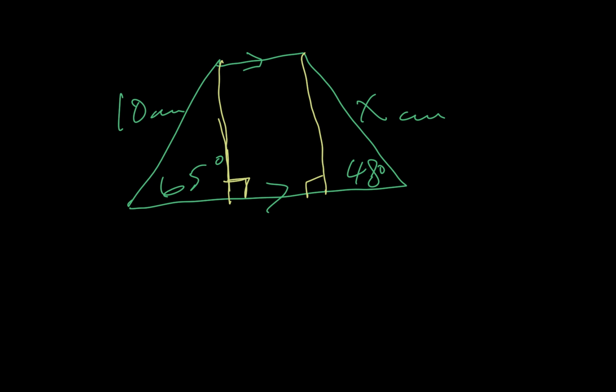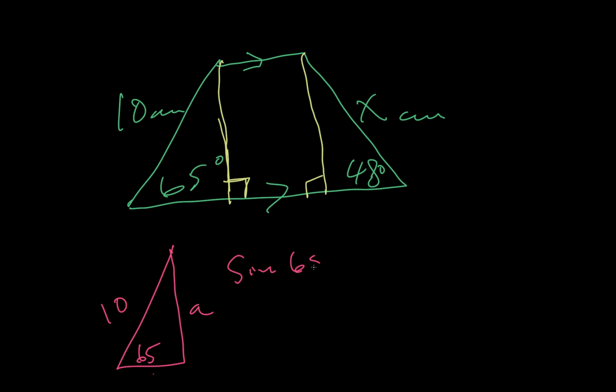Okay, so essentially what we want to do is use the information that we have over here to find this. This will be the same height, so both the yellow lines are the same, and then we'll use that to find x. So let's take it one piece at a time. We're looking for this, and I'll call this A. So we have the opposite and the hypotenuse, so that's sine.